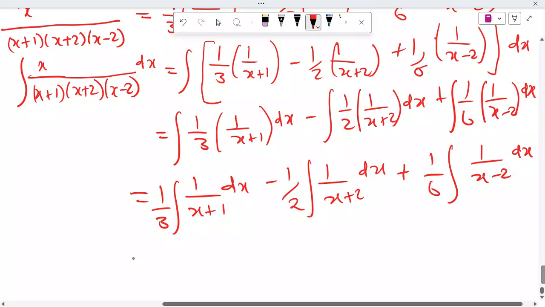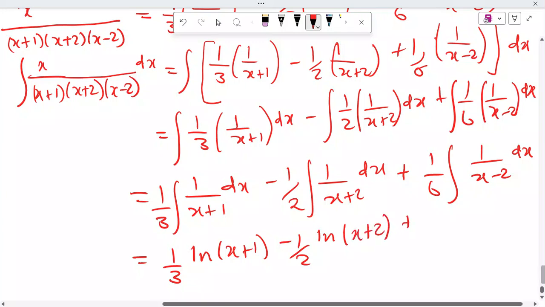Okay, so you know this is 1 over 3. This is a linear function. 1 over linear function, integrating 1 over linear function is a ln of that function, x plus 1, minus half. This is ln, very simple, ln x plus 2, plus 1 over 6 ln x minus 2, plus c.